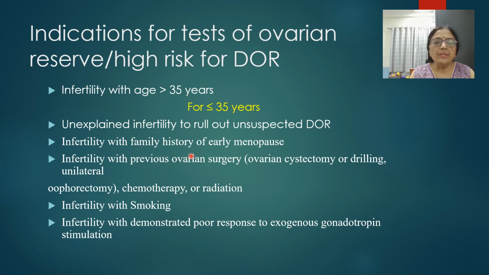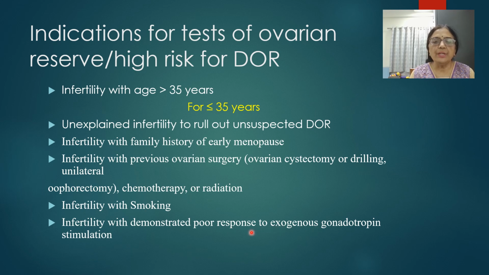Infertility with a family history of early menopause, because the age of menopause usually runs in families. Infertility with previous ovarian surgery, such as ovarian cystectomy, drilling, or unilateral oophorectomy, chemotherapy or radiation. Infertility patient who is a smoker, and infertility patient with demonstrated poor response to exogenous gonadotropin stimulation.